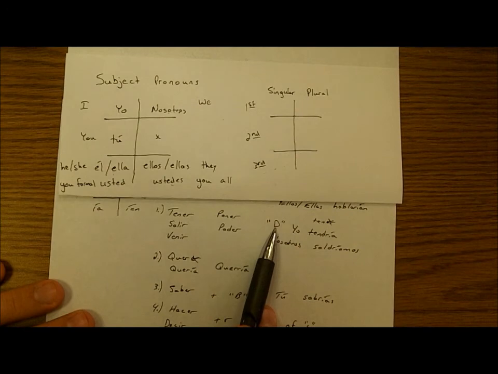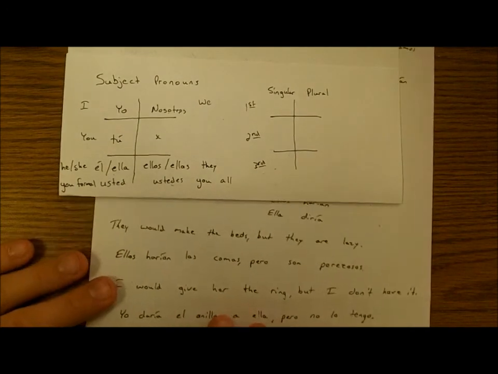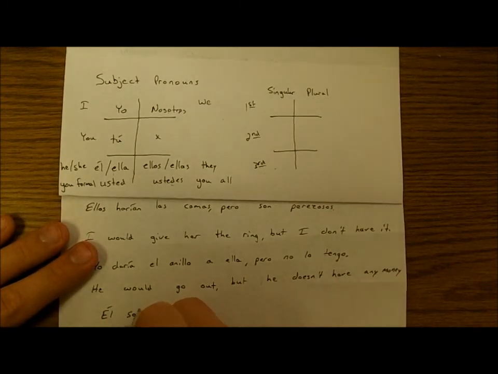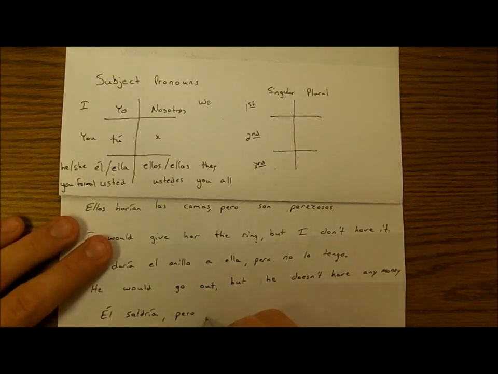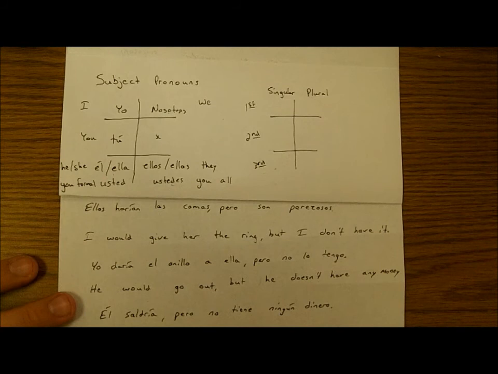It's the one where we take off the IR ending and add a D. So, él saldría, pero no tiene ningún dinero. He would go out, but he doesn't have any money.